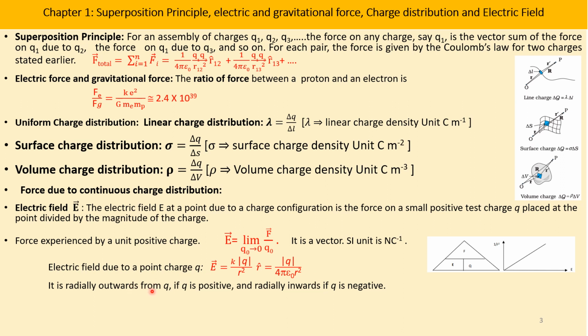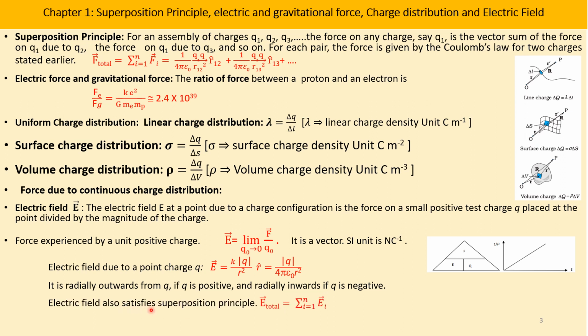It is radially outwards from Q if Q is positive, that is, the electric field is emanating radially outward from the point charge Q. If the Q is negative, then the electric field, by convention, is represented as directed inwards.